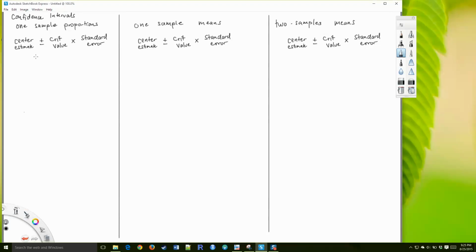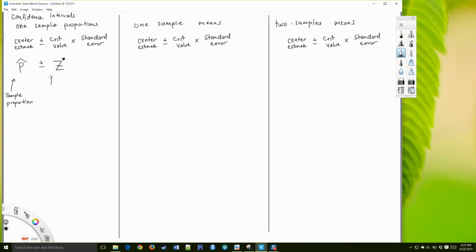For one sample proportions, the center estimate is p hat. What is p hat? P hat is your sample proportion, the proportion in the sample. Exactly. Your critical value for one sample proportion is z star. How do we pick out z star?